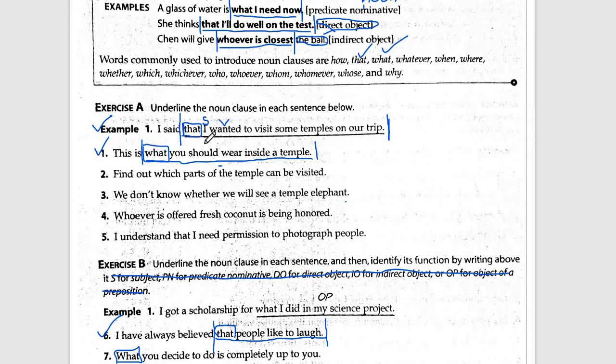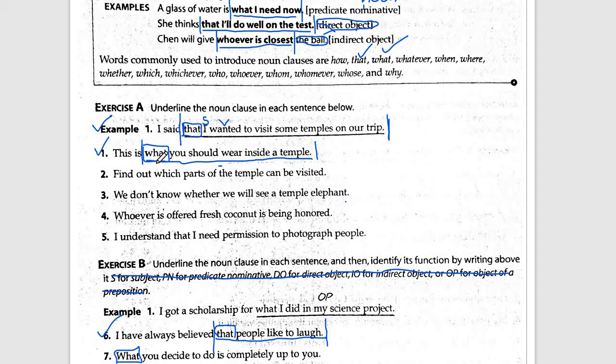This is something. This is what you should wear. Okay, specifically, what should you wear? This is what you should wear specifically inside a temple. This is something. This is an incredibly specific category of what you should wear. And the whole thing acts as a noun.